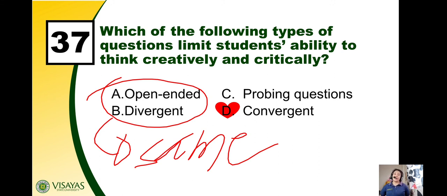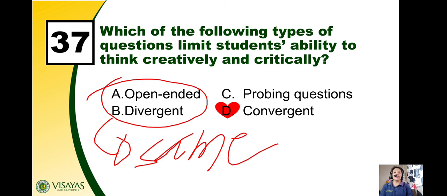Probing question naman, class, this is a technique in asking question wherein for example, nagtanong ka like, what is the difference between living and non-living things? Sumagot yung student. Then sabi mo naman, okay, cite an example of living things. Cite an example of non-living things. That is probing question. Giving a follow-up question.